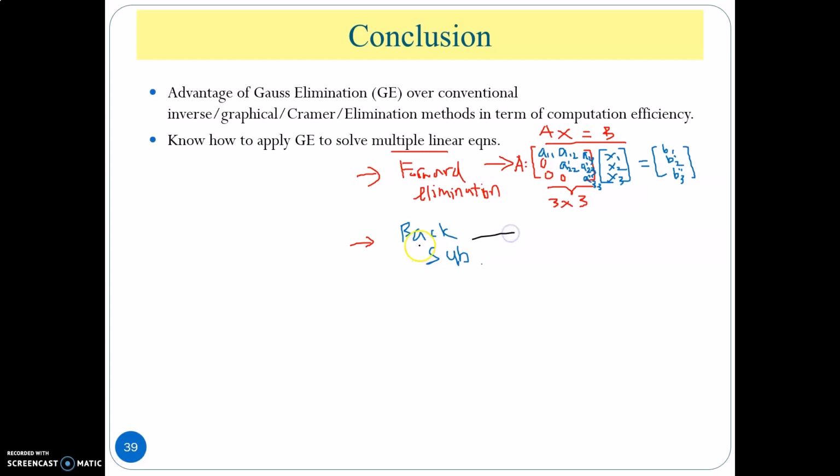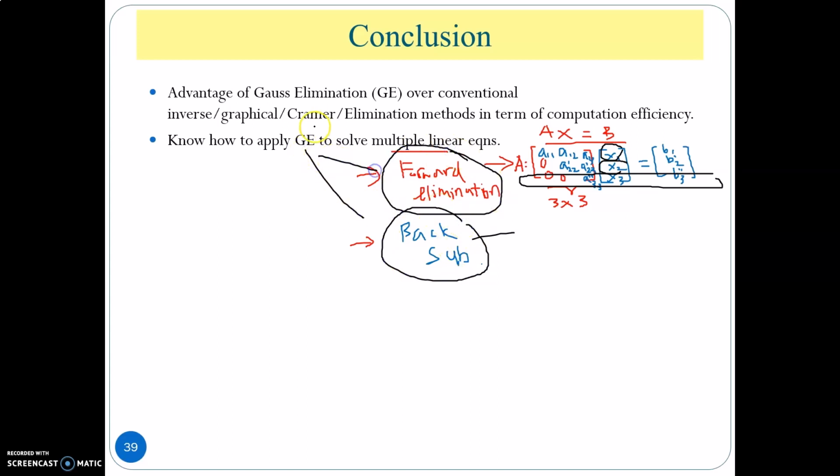Then you need to perform the back substitution, or what we call the backward substitution, to find the unknown x3 first, followed by unknown x2 and x1. So these are the two main steps in the Gaussian elimination that you must know.